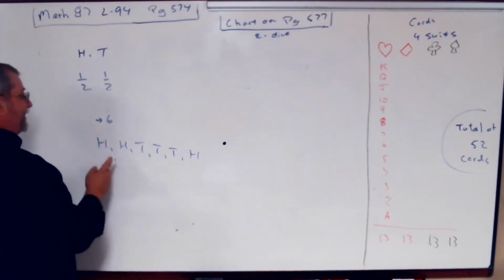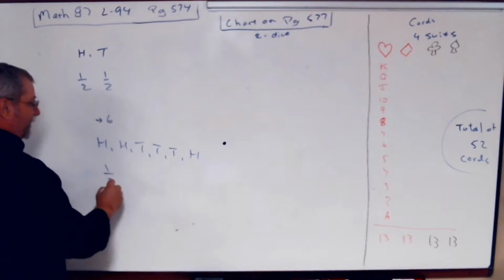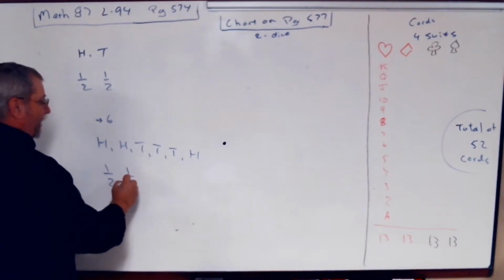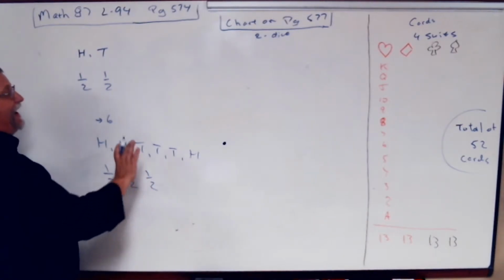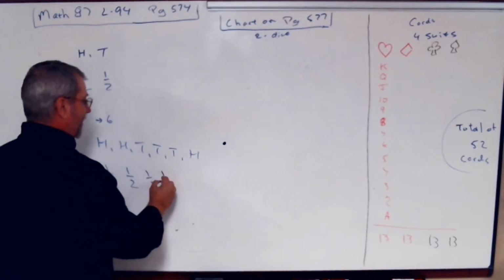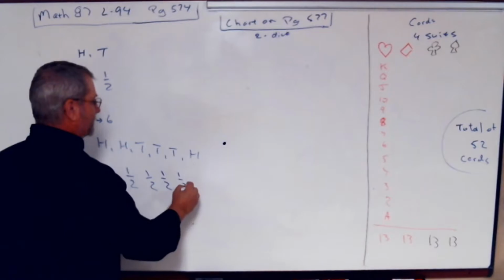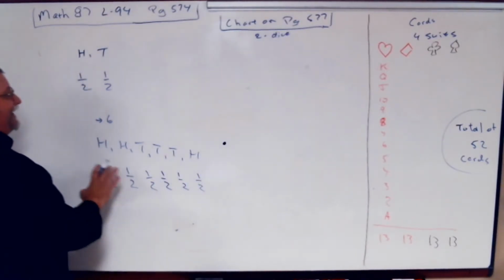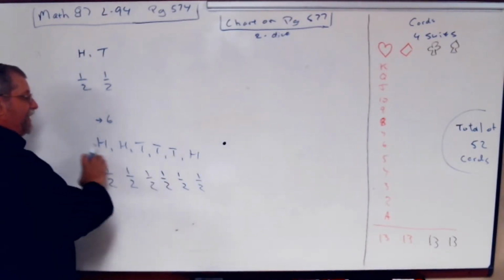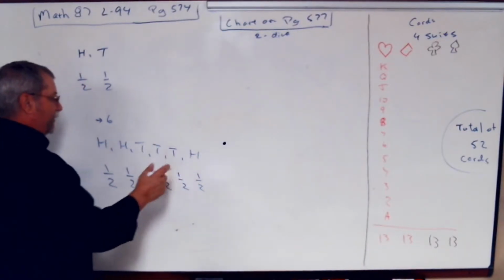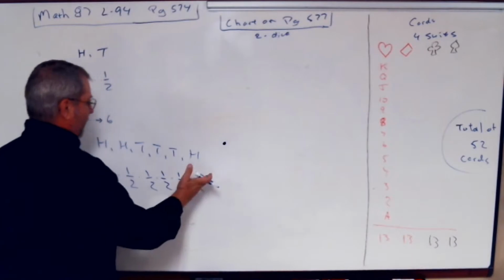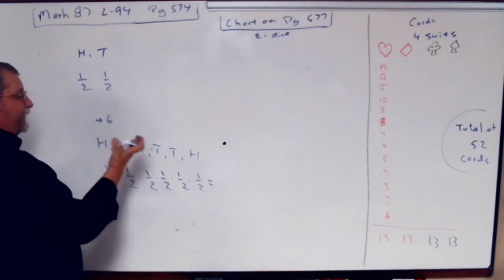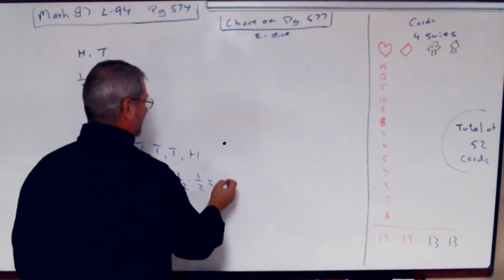Well, the probability of getting a heads is 1 out of 2. Every time you flip the coin, it starts over again. 1 out of 2 here, 1 out of 2 here, 1 out of 2 here. To get the compound probability of getting them in this order in a row, you multiply. And 1 times itself 6 times is not 6, it's 1.